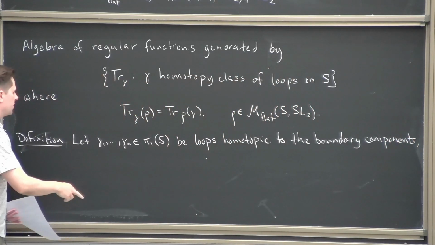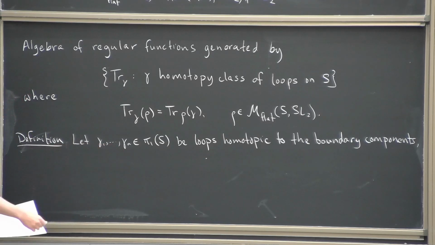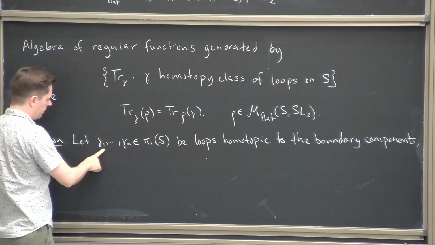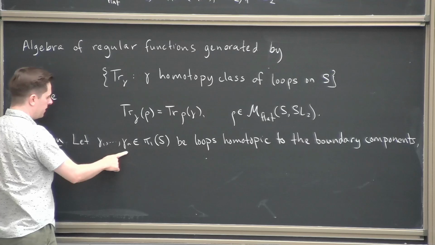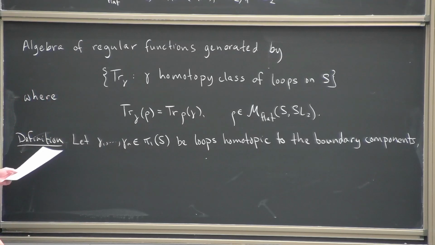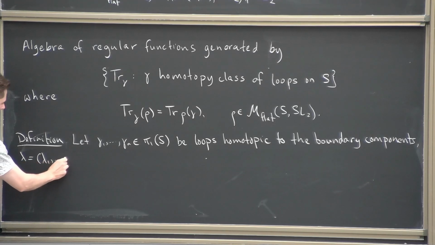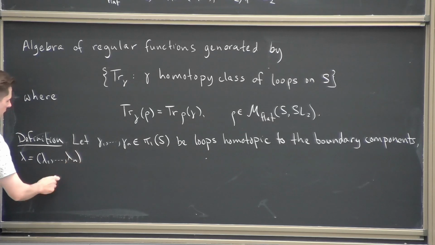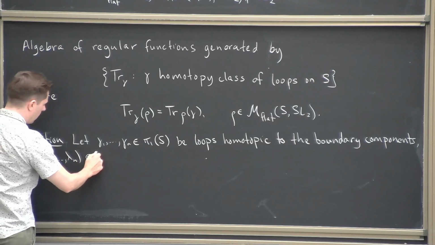Okay, so the surface has n boundary components, and these are the loops that go around the boundary components. Let's also choose the following data. So lambda will denote an n-tuple of non-zero complex numbers.